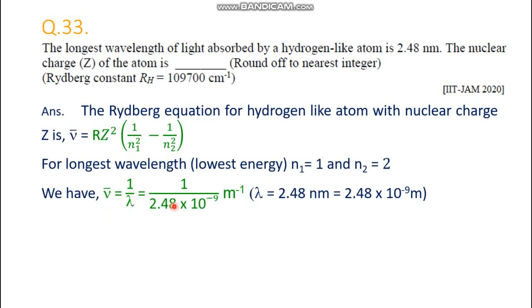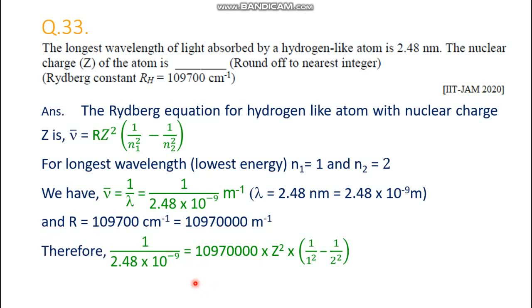The wave number is actually the reciprocal of the wavelength, and since the wavelength is given as 2.48 nanometer, that is 2.48 into 10 to the power minus 9 meter, therefore it is 1 over 2.48 into 10 to the power minus 9 meter inverse. And Rydberg constant in centimeter unit is 109700, and if you add 2 more zeros, it will have the unit in the SI convention, that is meter inverse.